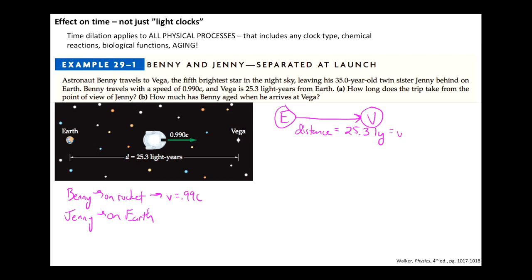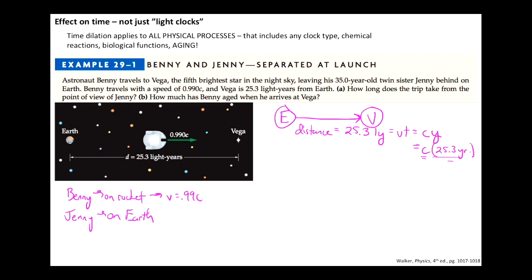Distance is velocity times time, and our velocity is c, and our time in this case is in years. So we're rewriting this as c times 25.3 years, which is how far light would travel in a period of 25.3 years. So when you see 25.3 light years, think of that as the velocity of light times a period of time, giving me a certain distance.